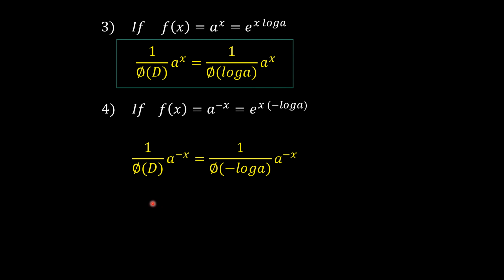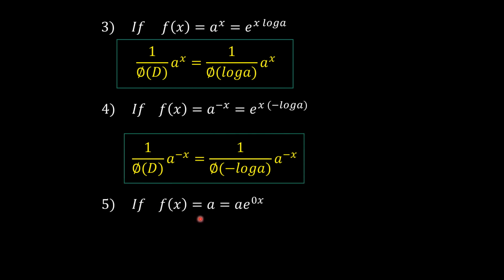And the last remark is, if f of x is equal to a, means if f of x is a constant function, then in that case how will the particular integral be evaluated. So a can be expressed as a into e raised to 0x. So therefore, the particular integral will be 1 upon phi of d of a is equal to 1 upon phi of, now in this case, the coefficient of x in the exponential function is 0.